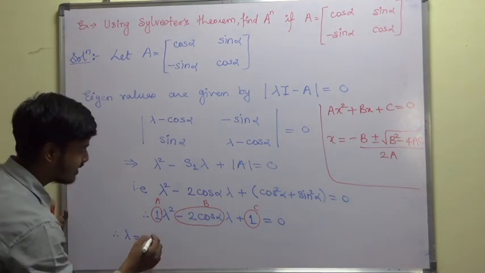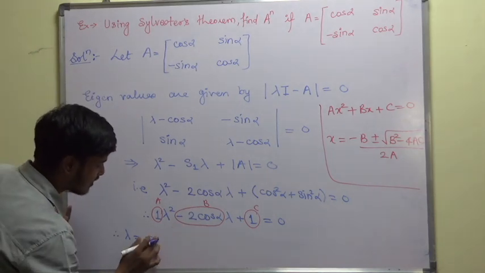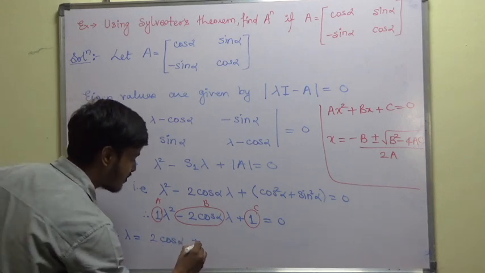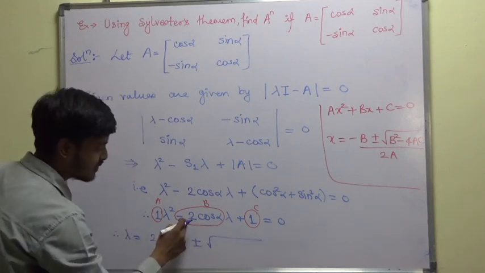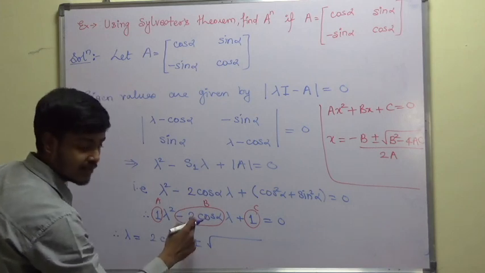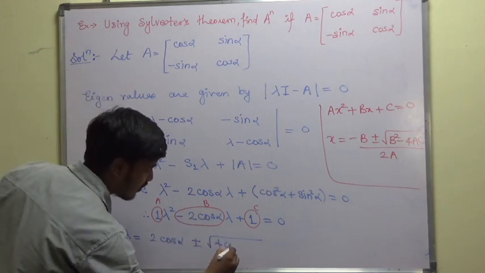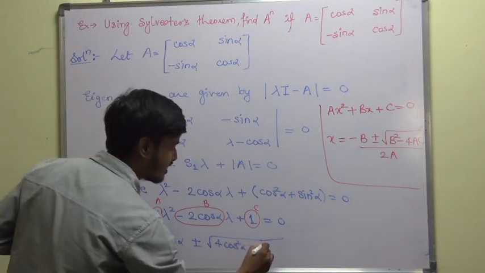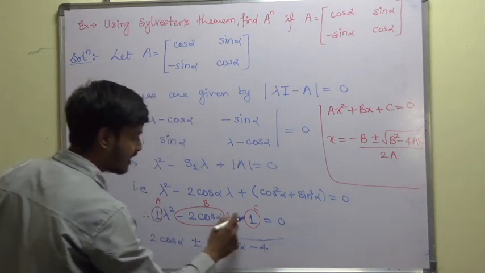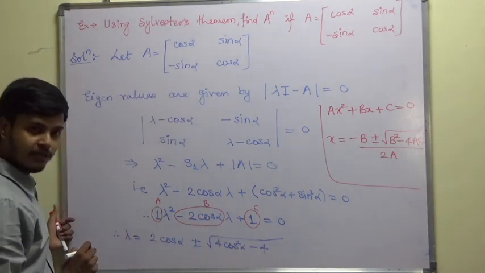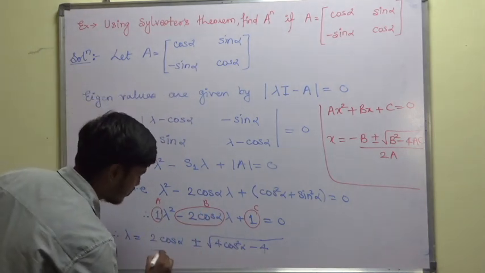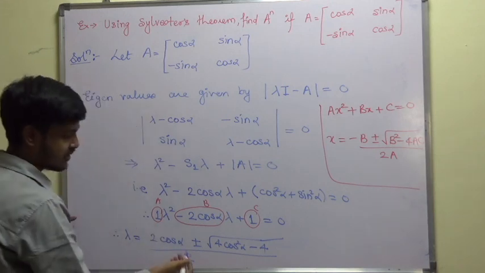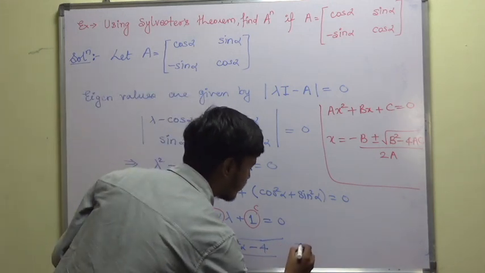Minus minus plus 2 cos alpha plus minus under root of b square, minus 2 cos alpha square, 4 cos square alpha, minus 4 times a times c. What is a? 1. What is c? 1. So this is just 4 into 1 into 1, upon 2a. What is a? 1. So this is 2. Okay, so what will we be getting?